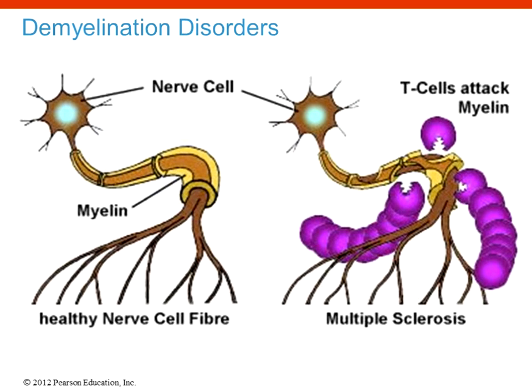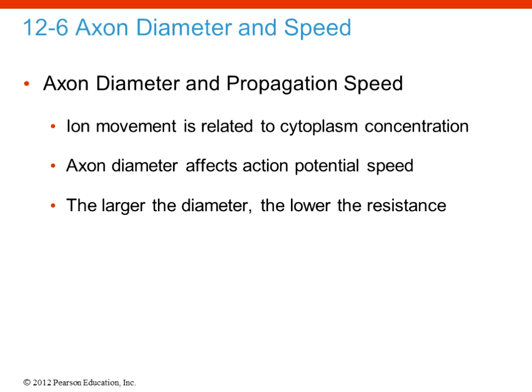And so this is sort of an image showing you generally, right, normal healthy cells going to jump from node to node and arrive at the target. And here you can see in multiple sclerosis, right, the T cells and the antibodies are targeting the myelin sheath and destroying it and attacking it, and so it's going to be harder for impulses to get through to the target. All right? So that is a demyelination disorder.